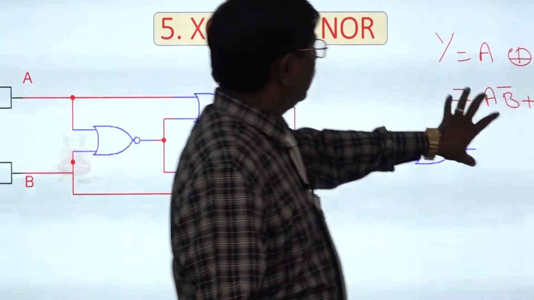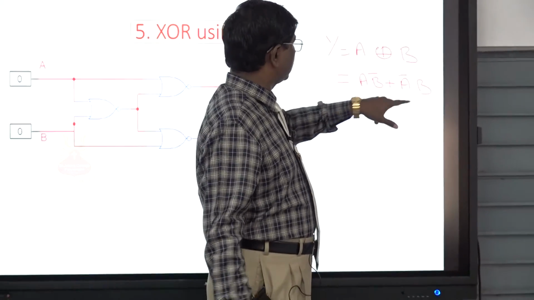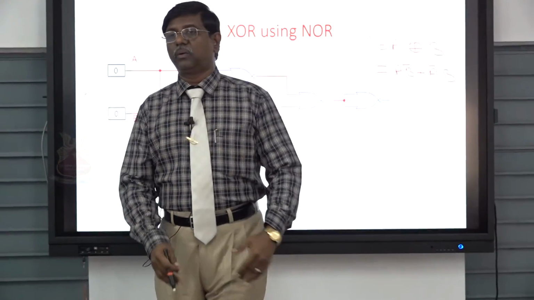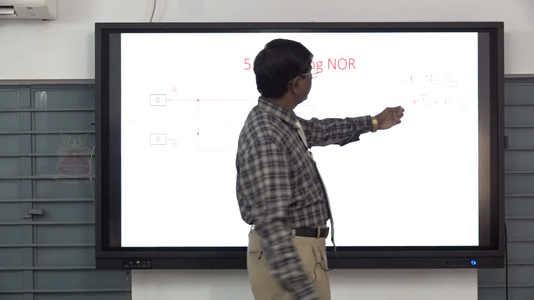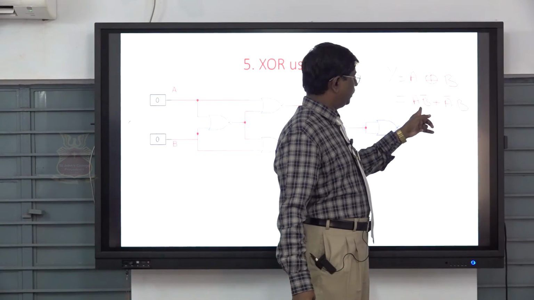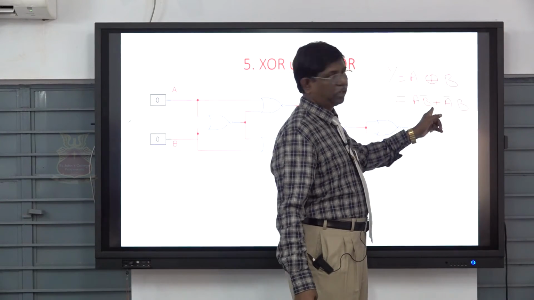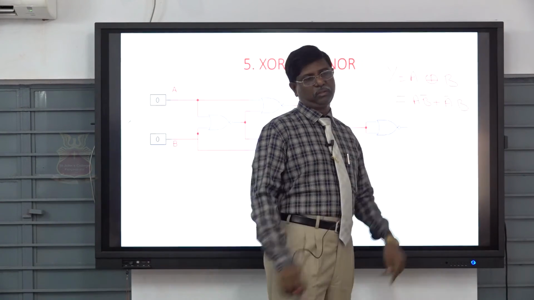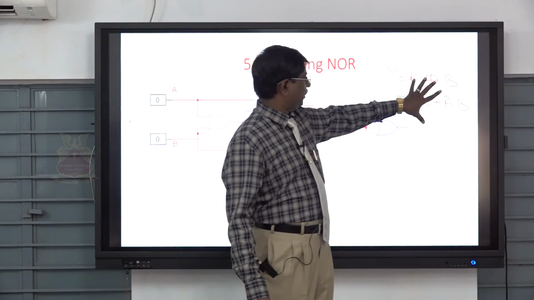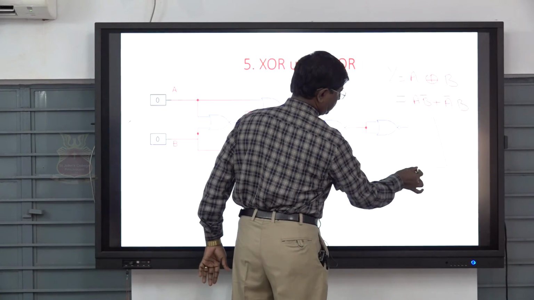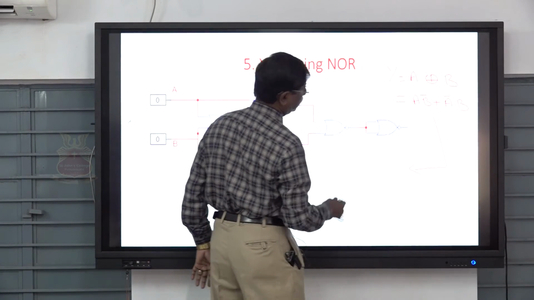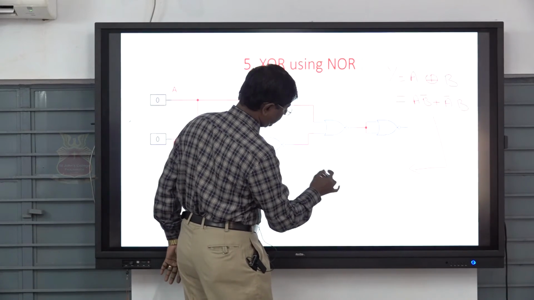So in normal circuit construction, suppose we want to construct an XOR gate, you may require an AND here, another AND here, OR here, then two NOT gates. So that construction itself will be like this.